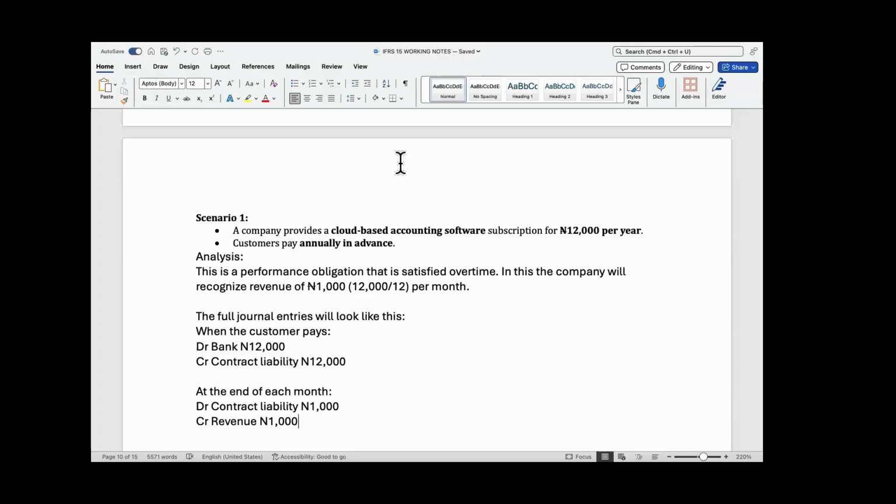Don't call it deferred income. What we have in IFRS 15 is contract liability. Okay, thank you. You're welcome.